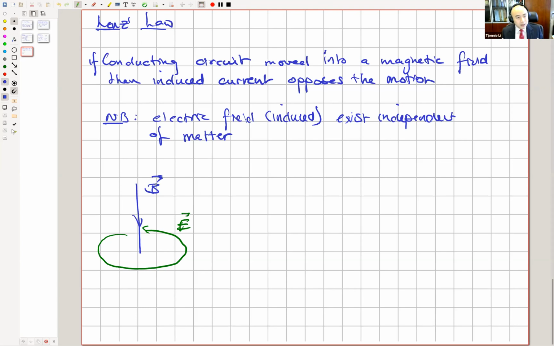If I still want to have Lenz's law there, but without necessarily needing a conducting circuit, then I must come up with a way to oppose this B field. Something there must be there to oppose this B field.